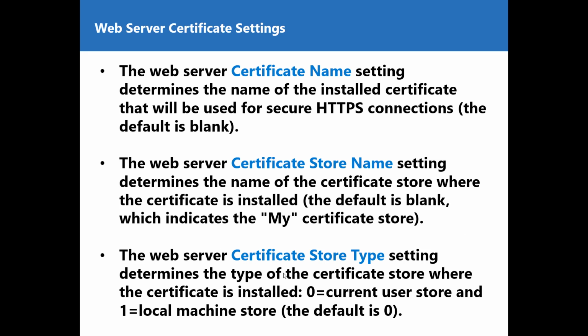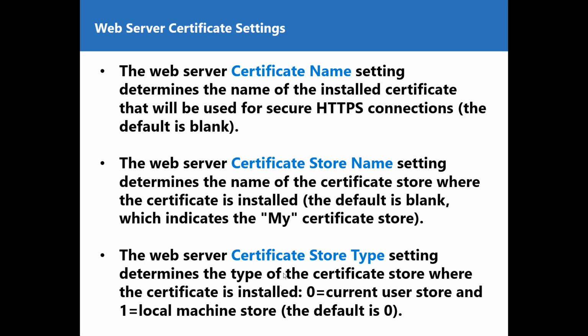So once you've got your certificates created, these are the settings that allow you to specify that certificate information in the web server INI file. You have the certificate name setting that determines the name of the installed certificate that will be used for the HTTPS connections. The default is blank, but for example, if you were running the external command line web server for development purposes, you could specify this as localhost, and that would work.